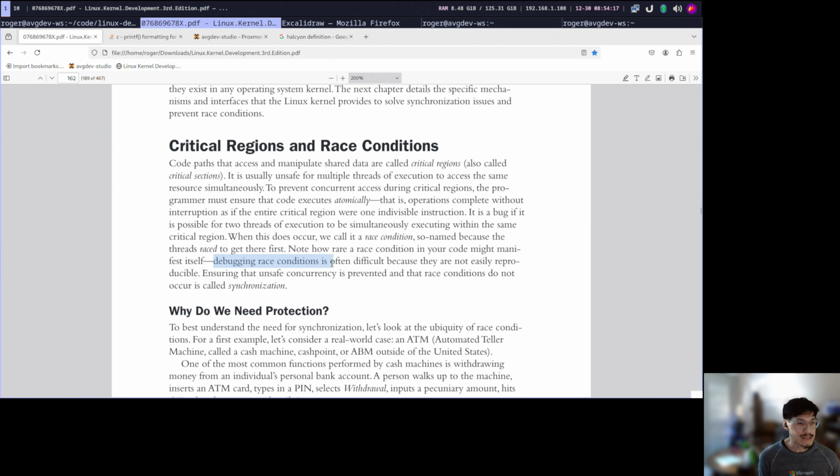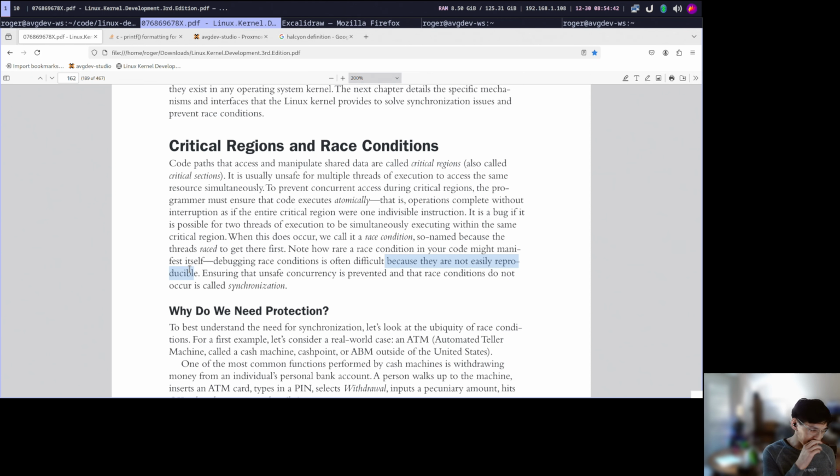Note how rarely a race condition in your code might manifest itself. Debugging race conditions is often difficult because they are not easily reproducible. It's hard to set up the state of your environment in a way where you can get multiple threads to hit certain points of code at the exact same time, or to reproduce a certain race condition.